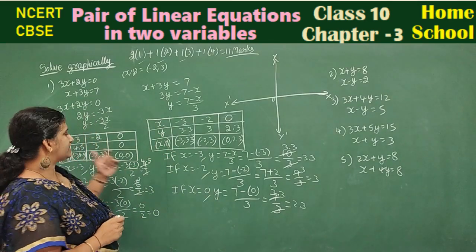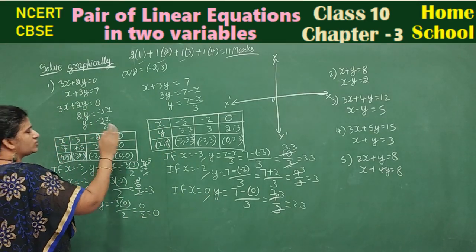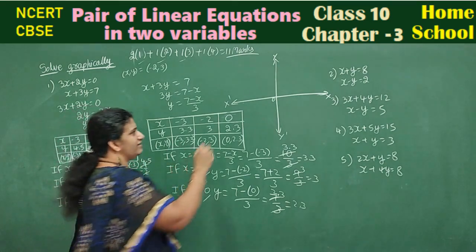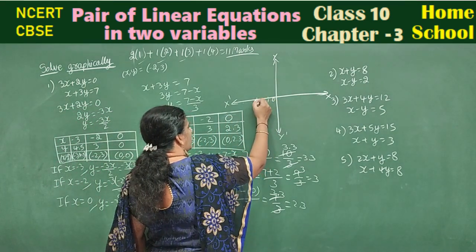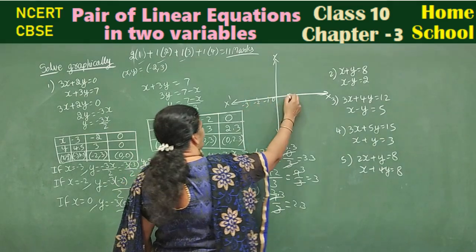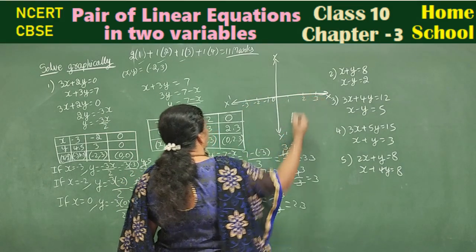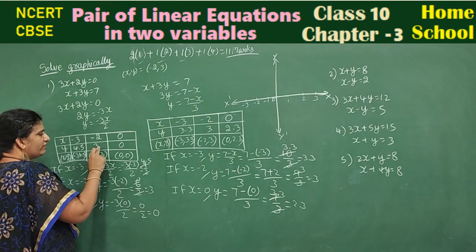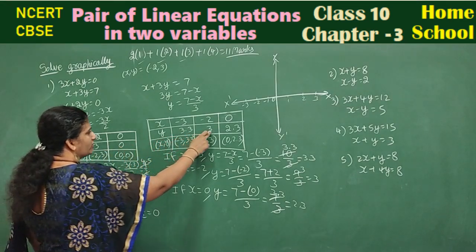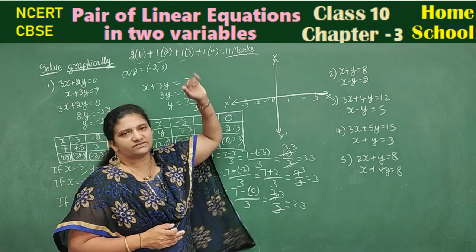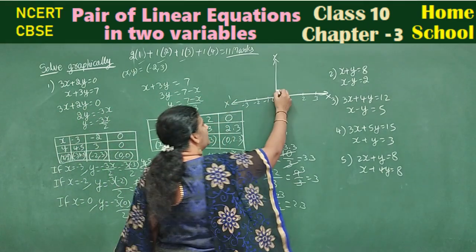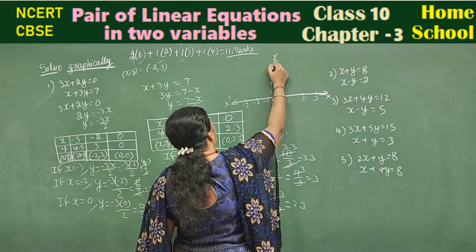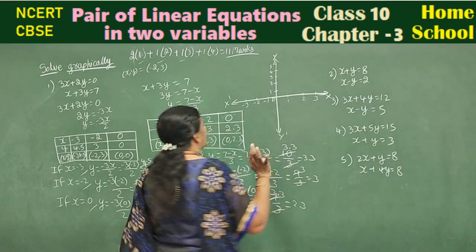Now on the x-axis scale, only the negative side is enough for me: -1, -2, -3 and 1, 2, 3. Coming to your y scale, only the positive scale is enough. So let me take 1, 2, 3, 4, 5.